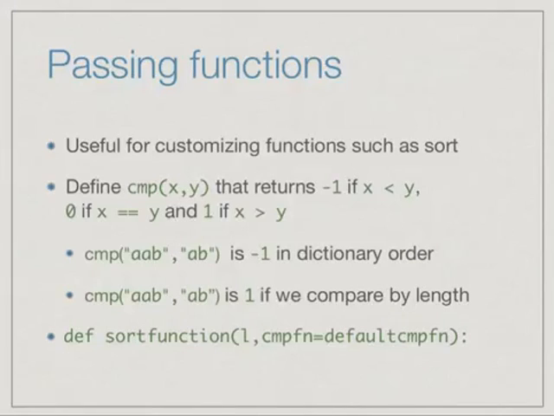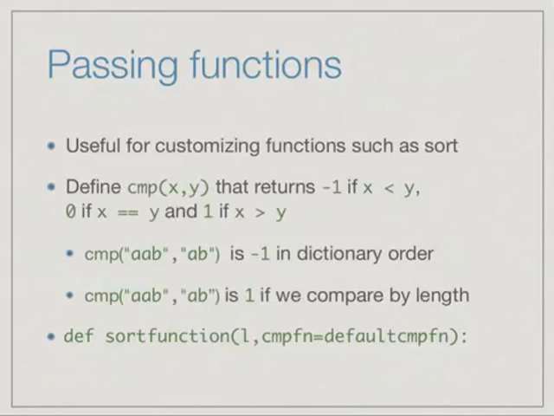So when comparing strings, we may have two different ways of comparing strings in mind, and we might want to check the difference when we sort by these two different ways. So we might have one sort in which we compare strings in dictionary order. So a string like AAB will come before AB because the second position A is smaller than B. So this will result in -1 because the first argument is smaller than the second argument.